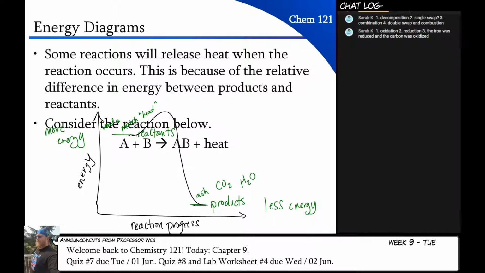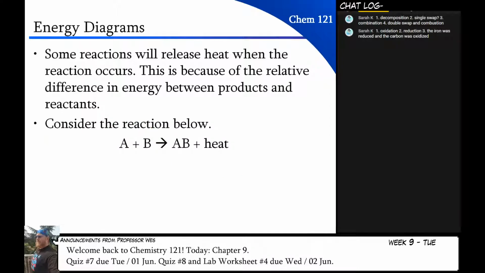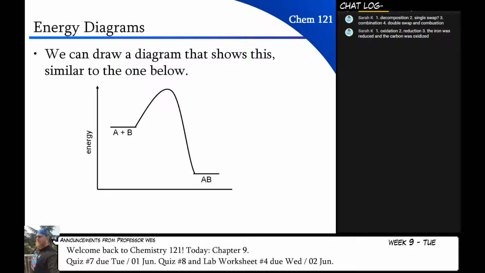All right. So this is the reaction that we were looking at. I'm going to mix two things together, and when I mix them, heat is produced. Energy is released. So my diagram should look like what we just discussed. And so here's that again shown. Since I released energy, my reactants must have more energy than the products did.